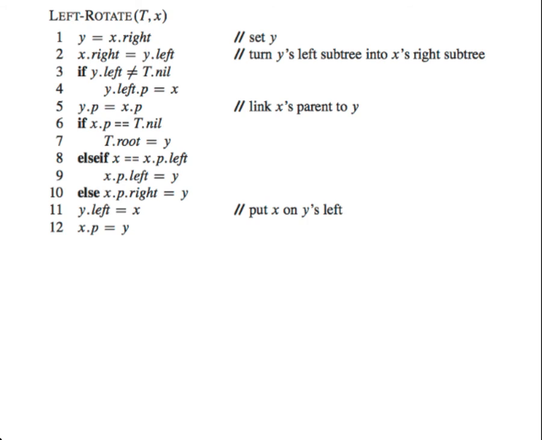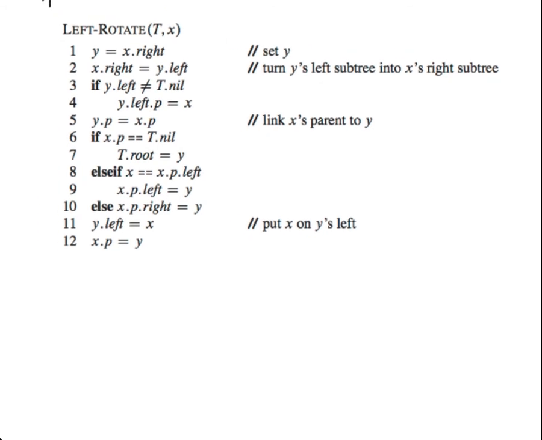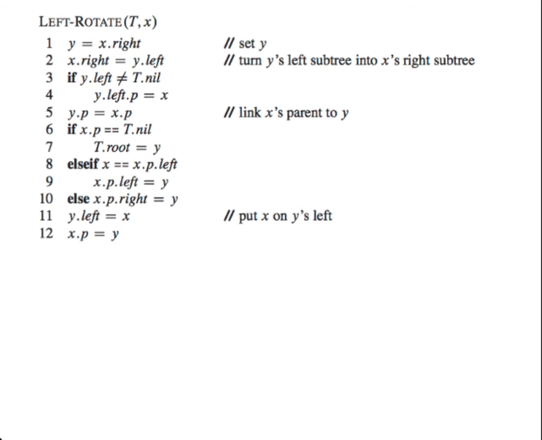Okay, so let's start with this tree here. We have a parent, we have X, beta, gamma, and alpha.